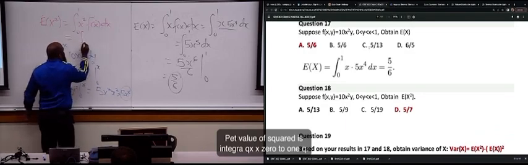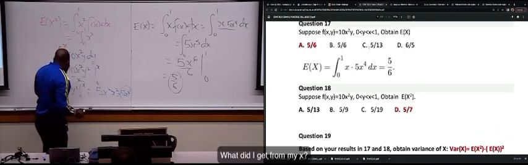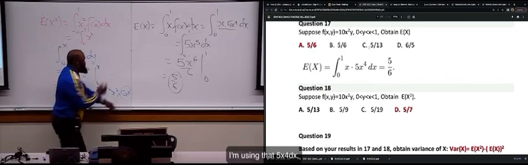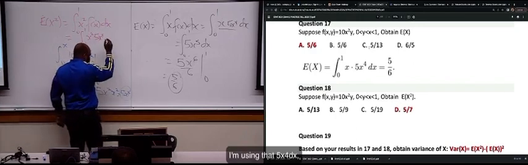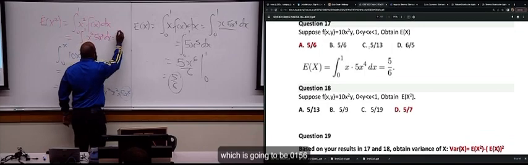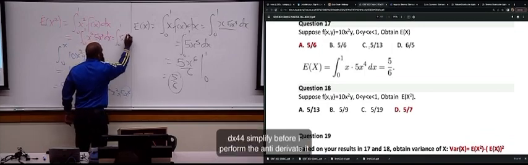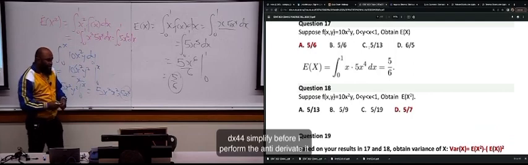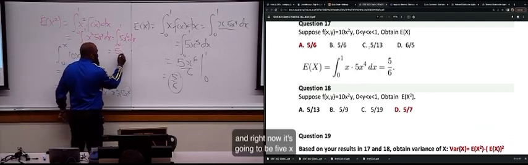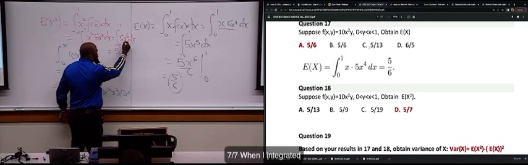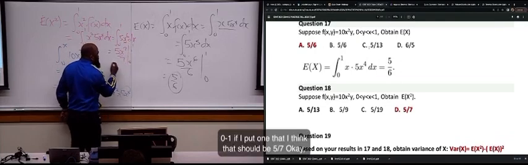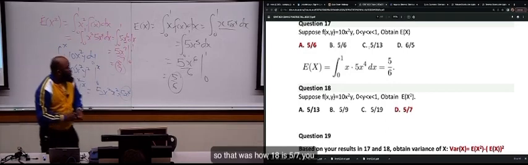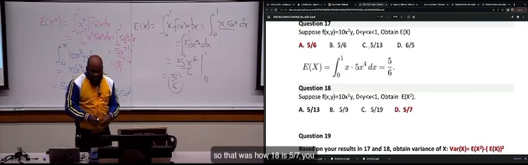What did I get for my f of x? Using that 5x^4 dx, it becomes 5x^6 dx from 0 to 1. I simplify first before I perform the antiderivative, and right now it's 5x^7/7. When I integrate that from 0 to 1, putting in 1, I get 5/7. So that was how expected value of x squared is 5/7.